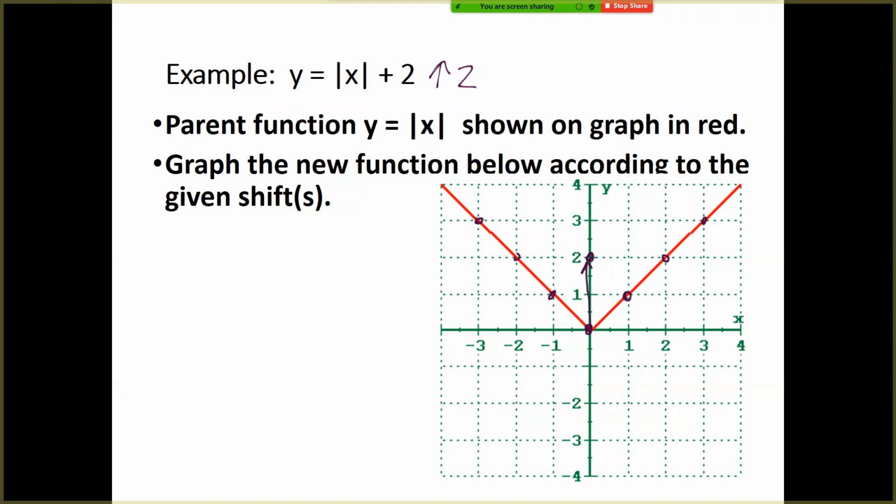I'm going to pick the next point up and move it up 2, to get this, maybe. So every single point is being picked up and moved up 2. This last point on the left and the right won't fit on your graph, and that's okay. And then I just want to connect them.